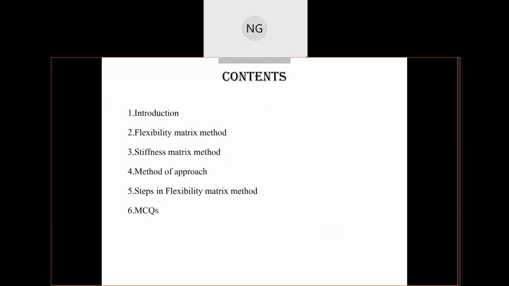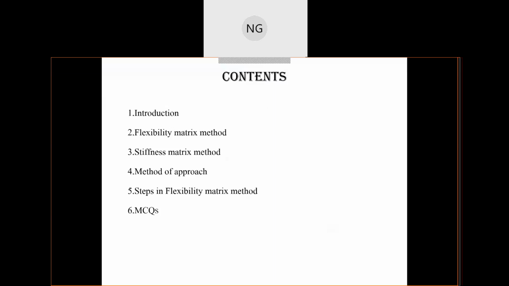Therefore, to overcome that iteration process, we go for the analysis of present-day multi-story buildings. In those, the frames will be larger and there are more bays compared to the olden days.